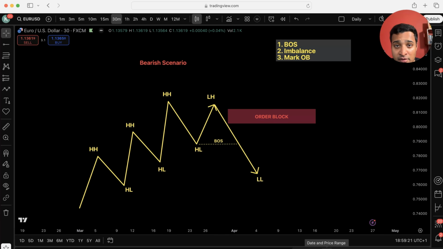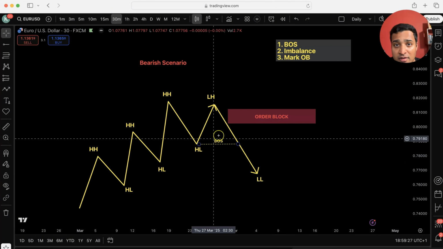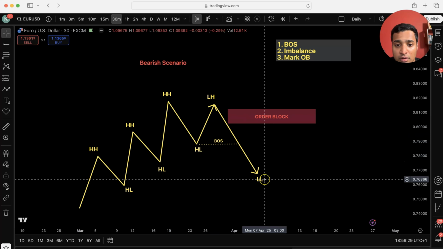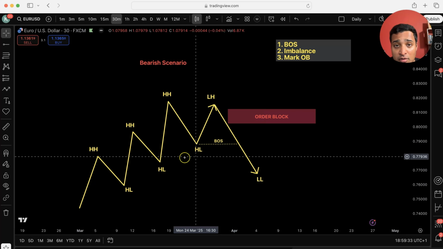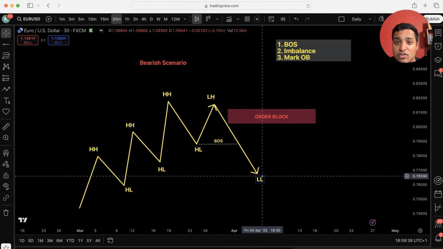Looking at a bearish scenario, you can see we had higher highs and higher lows, and then this lower low, which caused a structural shift, taking out the prior lows. And so we have the start of a downtrend here, and so would be looking for a short position.